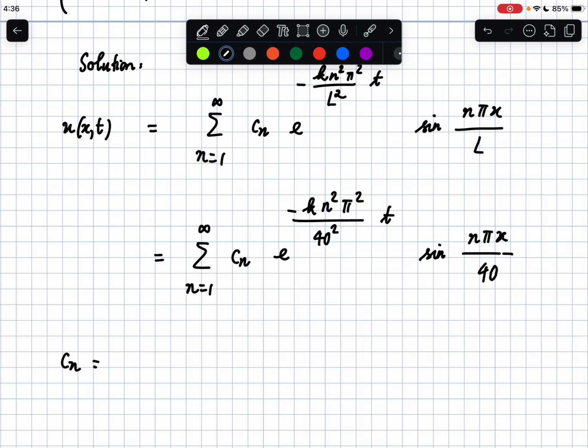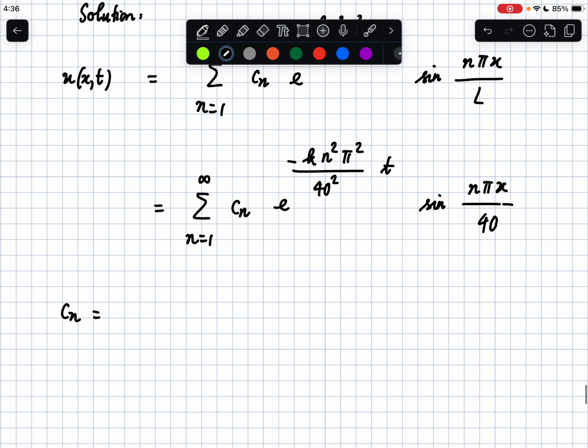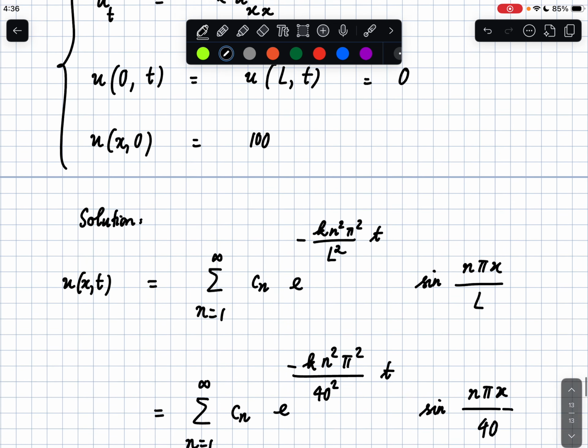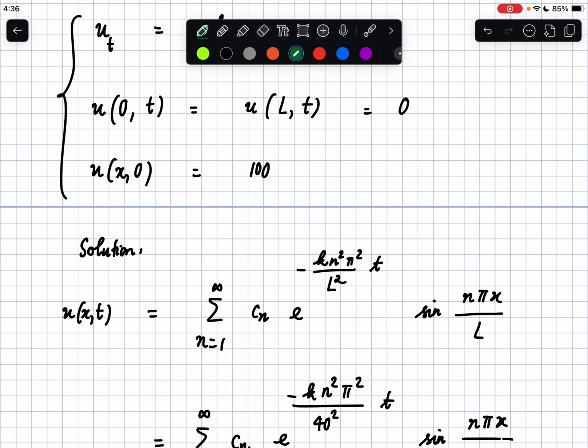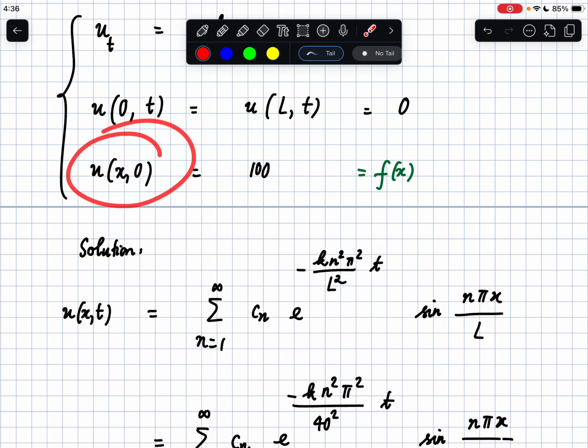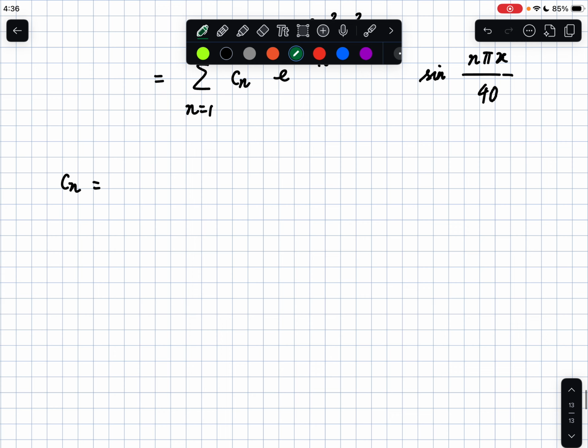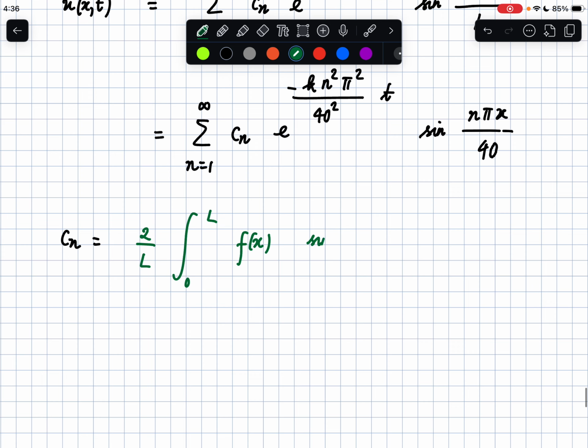Cn is the Fourier coefficient of the Fourier sine series of this one, in the formula we had before. This is f(x), the initial temperature profile of the rod: 2 over L, integral from 0 to L, f(x) sine n pi x over L dx.